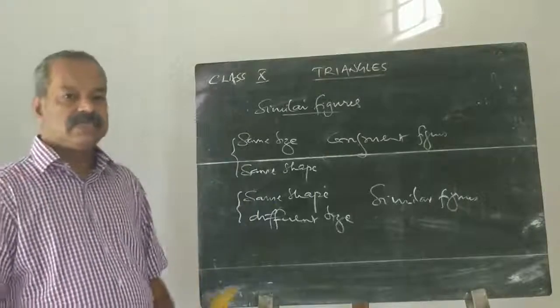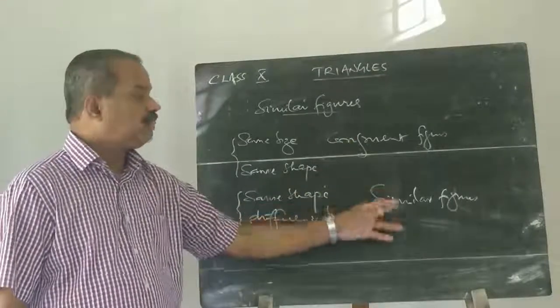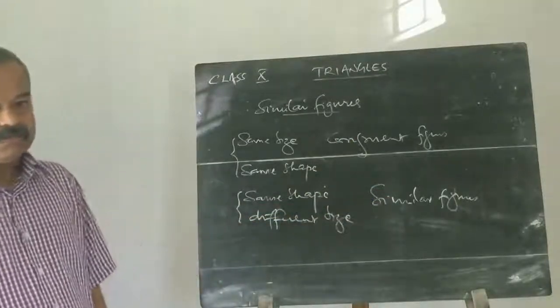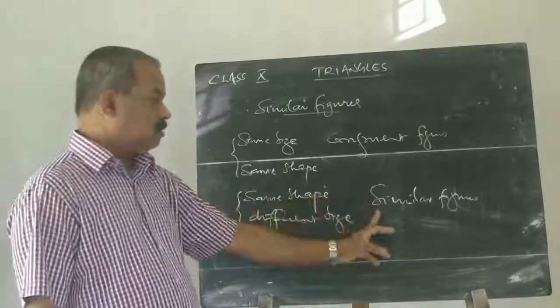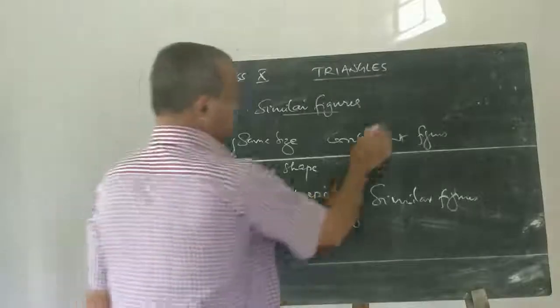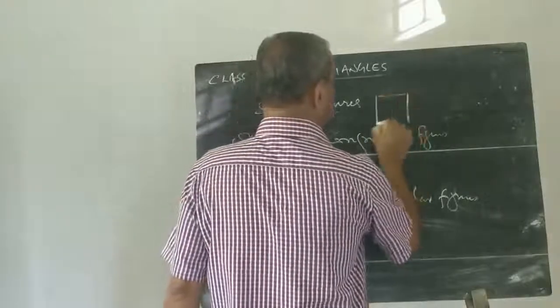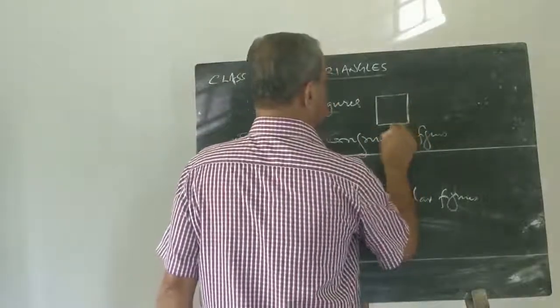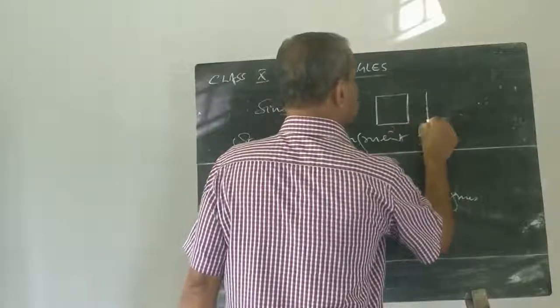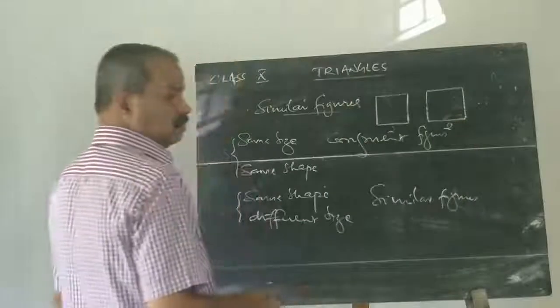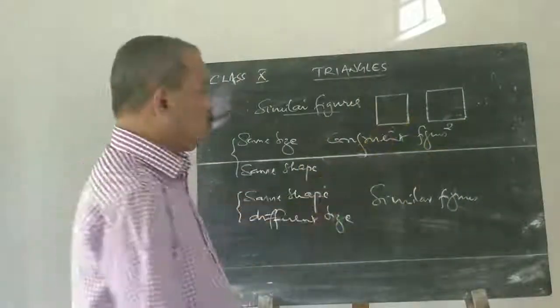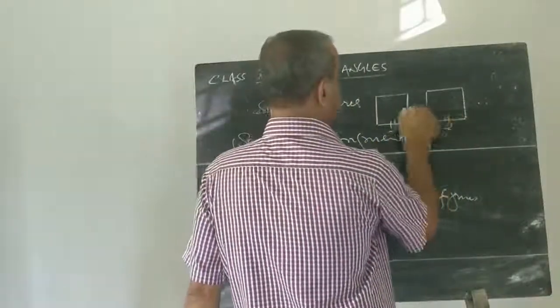Now, is there any relation between congruent figures and similar figures? Take a square of side 2 cm, and another square of side 2 cm. Compare these two. All the sides are equal.